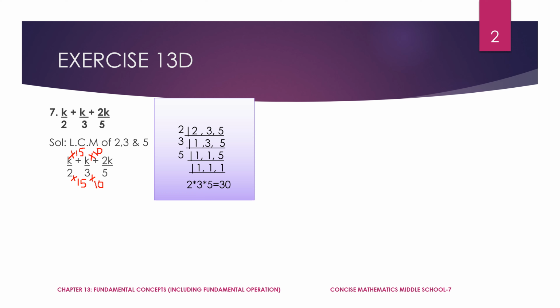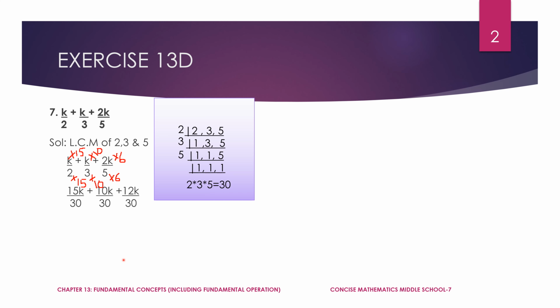Next, here 5 is here, right? With which number if you multiply, you will get 30, right? 5 sixes are 30. So when you are multiplying the denominator with 6, you need to multiply the numerator with 6, right?